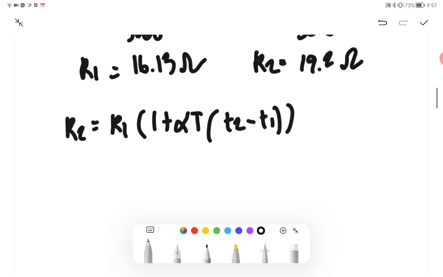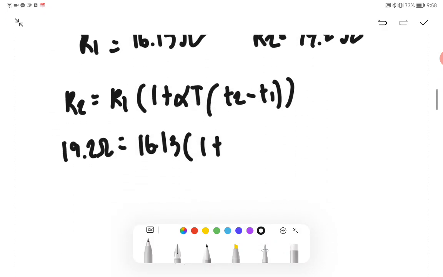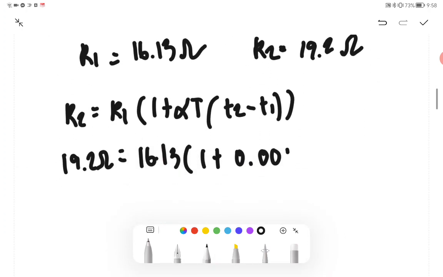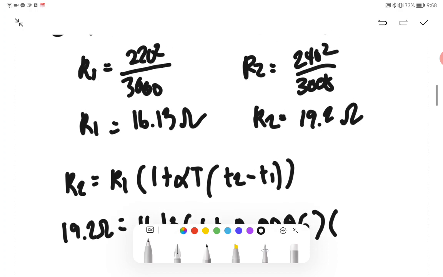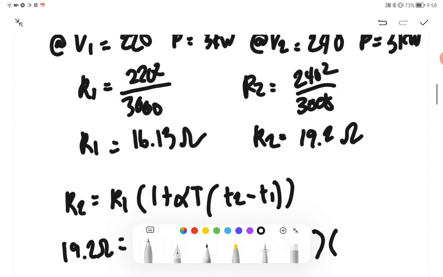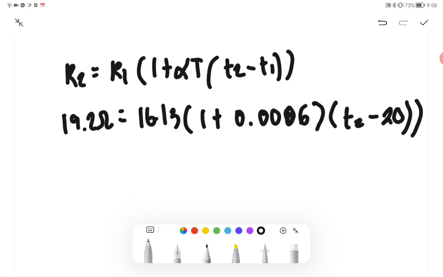We have 19.2 ohms is equals to 16.13 times 1 plus the temperature coefficient, 0.00 and then 6, 3 zeros and 6, multiplied by the temperature, which is temperature number 2, which is missing, minus 20. So let's write it in our calculator.